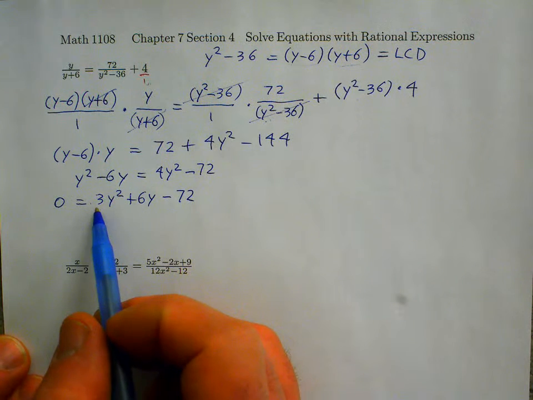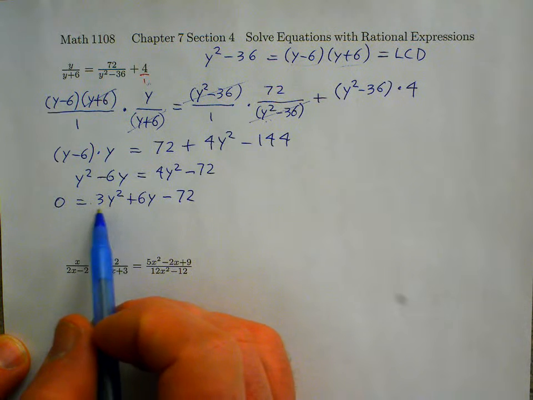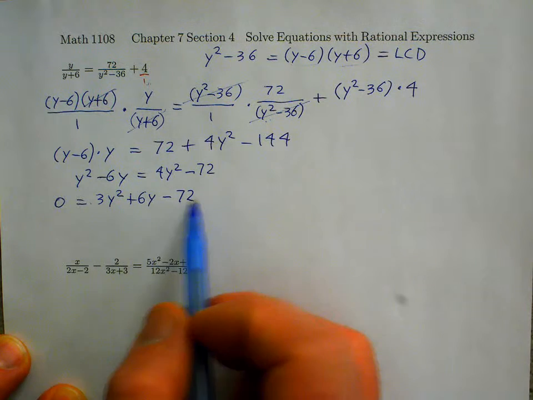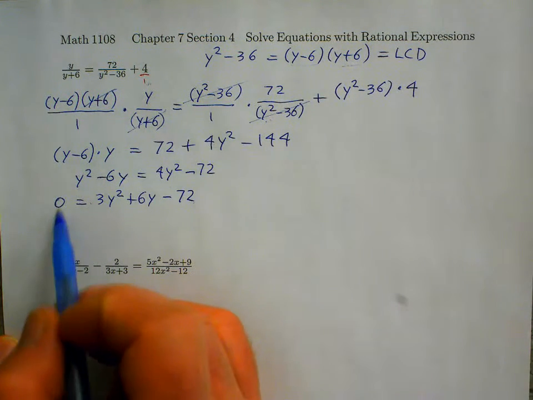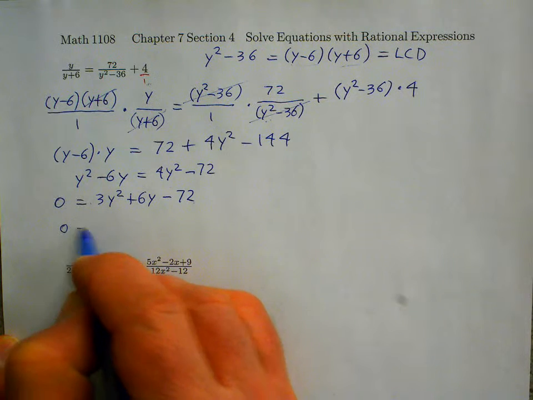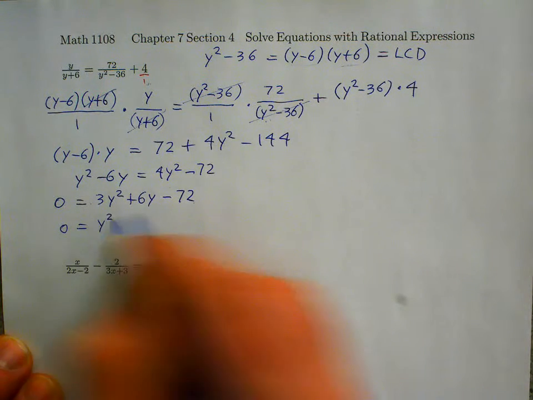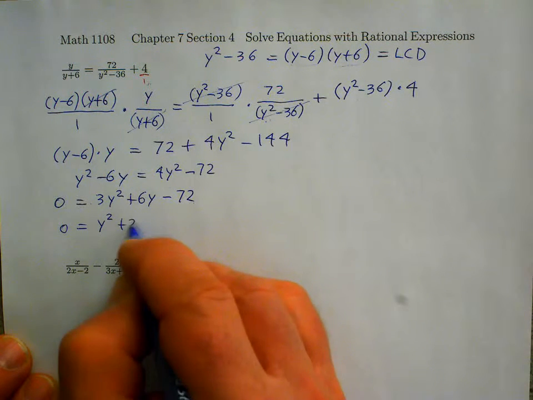So we're just going to get rid of the clutter that we don't need by dividing every term on both sides by 3. 0 divided by 3 is 0. 3y to the second divided by 3 is y to the second. Plus 6y divided by 3 is plus 2y.